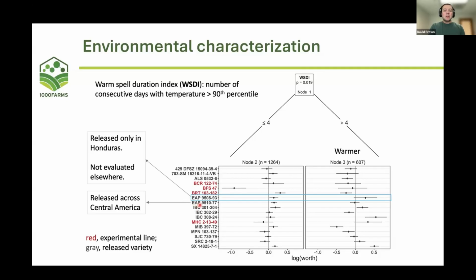And the one that you see immediately below is a very well-known variety released across Central America. So it's kind of a check variety, if we want to consider that as well. You can see here both perform very similarly, but in a warmer environment this one, the EAP 9508-93, is performing better in a more harsh environment, I would say.